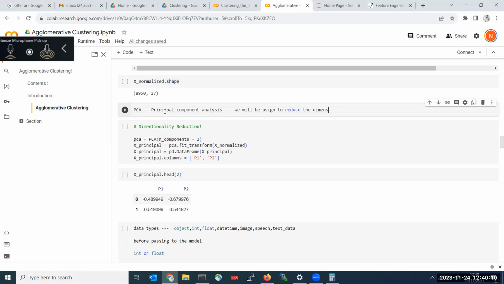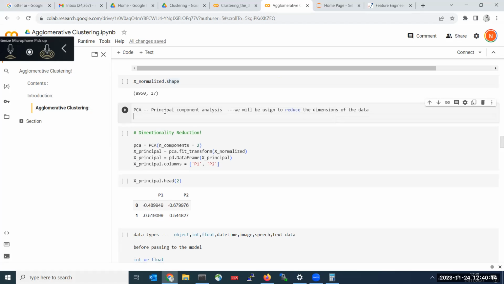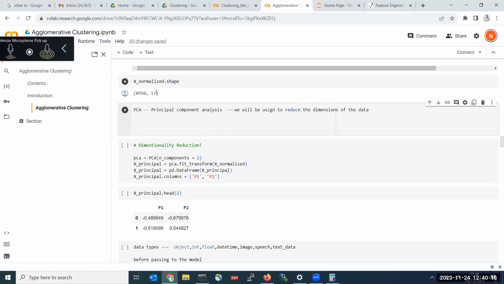Dimensions is nothing but each and every column is one dimension. Here I have 17 columns, and 17 columns means 17 dimensions.